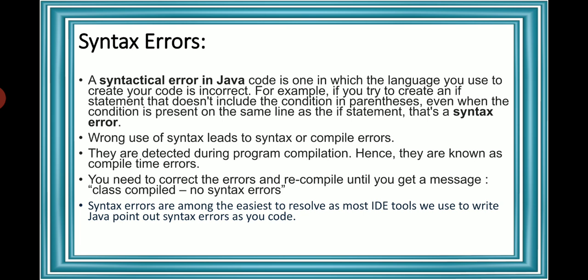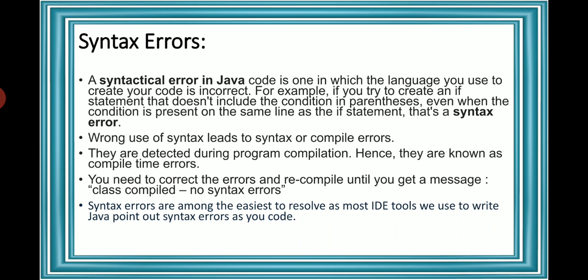Now how do you correct these errors? When you compile the program, the Java compiler will tell you that you have an error, and sometimes it tells you that in this particular line there is an error. Also it tells you what kind of error has come. So you have to understand what the error is, correct it, and compile the program until you get the message class compiled, no syntax errors.